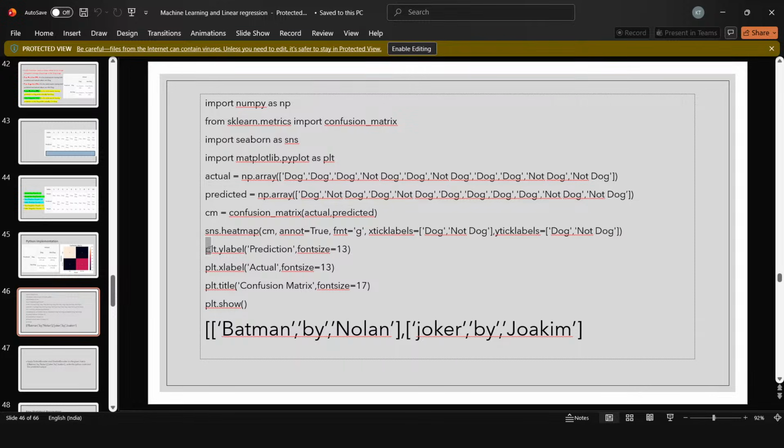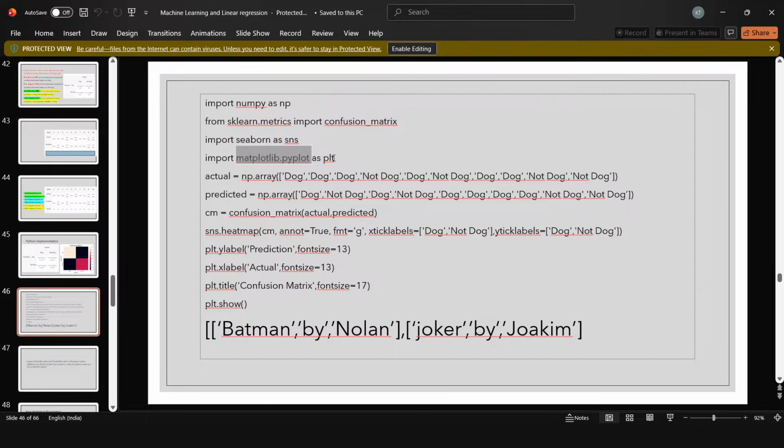This sns.heatmap line will create a plot object, and plt.ylabel is for the label of the y-axis, as you can guess. Similarly, this is for the x-label, the x-axis. This is the title of the plot itself. One point to note: plt is an alias for matplotlib.pyplot.